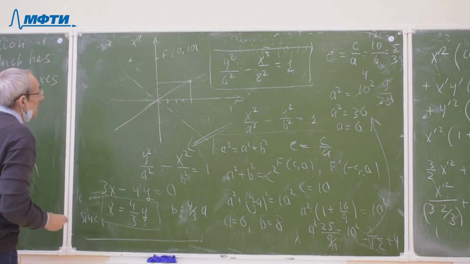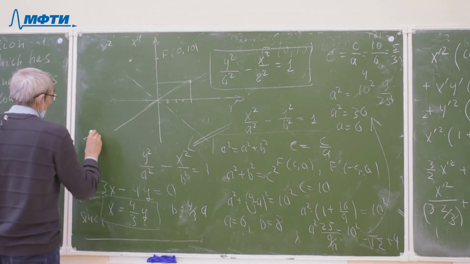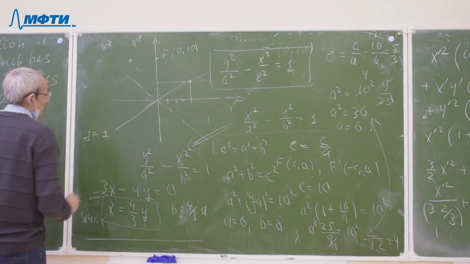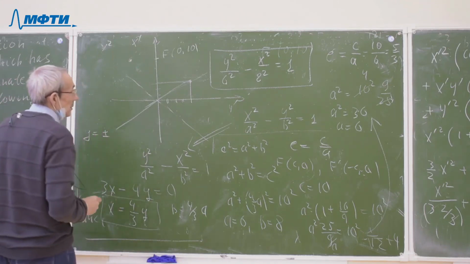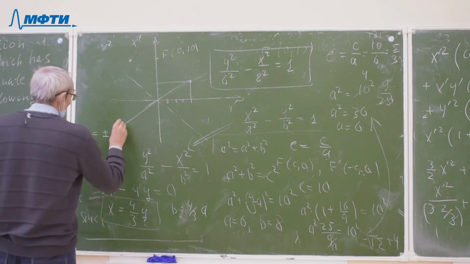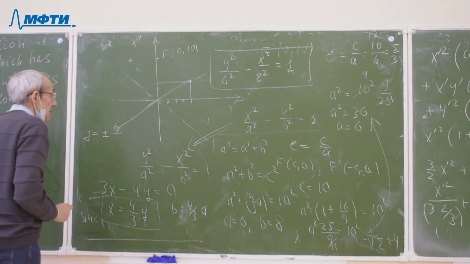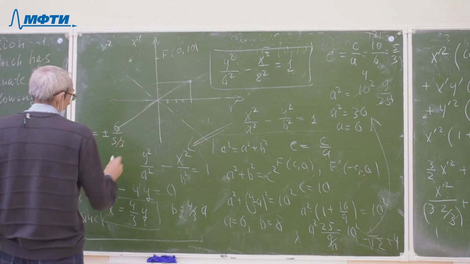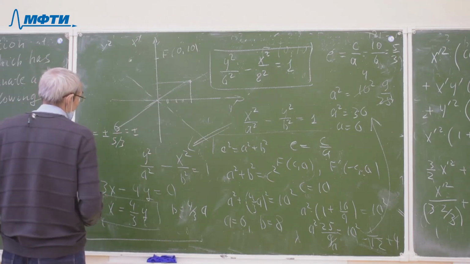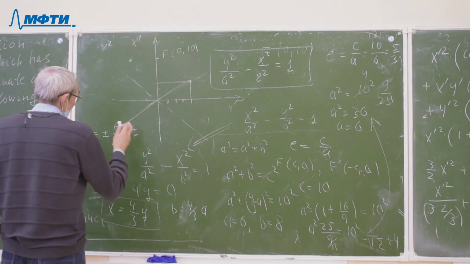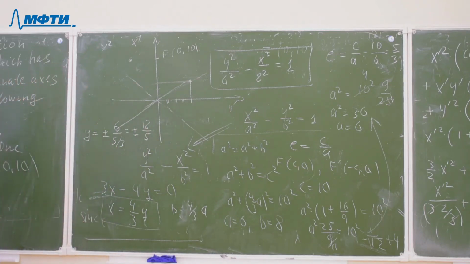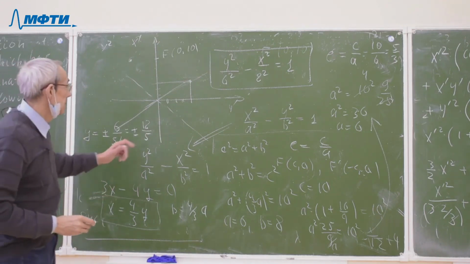The directrices have the equation y equals plus or minus a over eccentricity, that is, plus or minus 18 over 5.